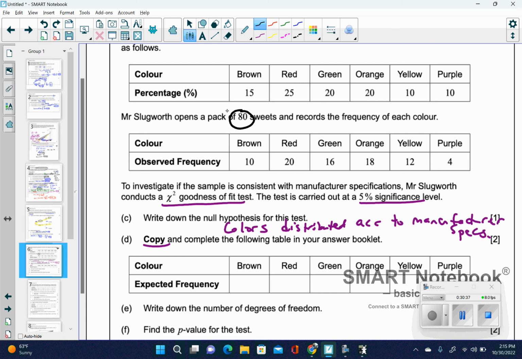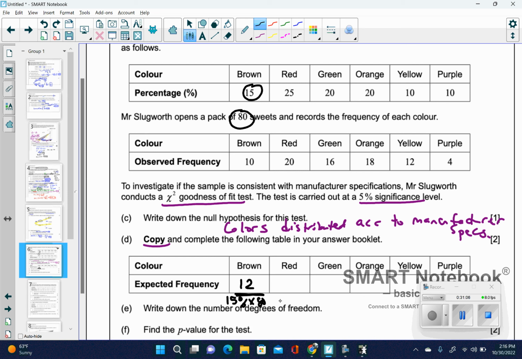To find out what this number right here is, we have to take the percentage, because this is 15% times 80 sweets. Again, you're doing 15%, because this is what the manufacturer specifies, times the 80 sweets in the bag. So 15% of 80 is 12, because it's 0.15 times 80.